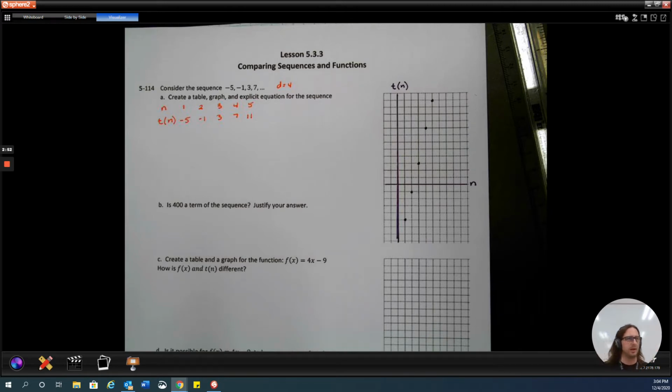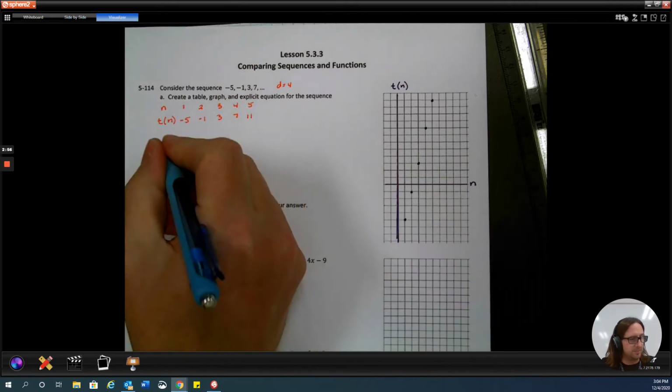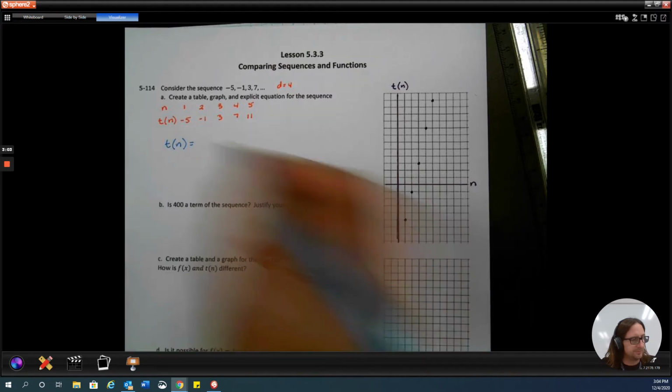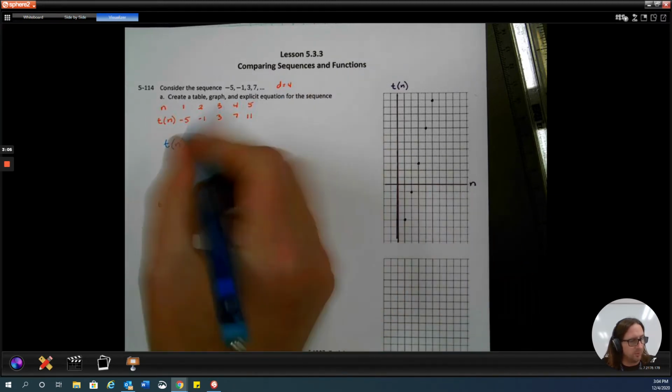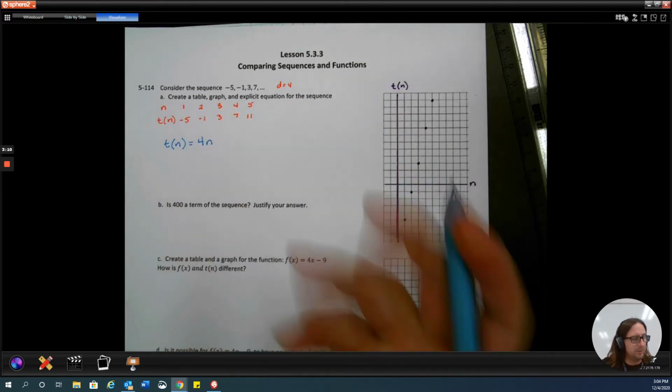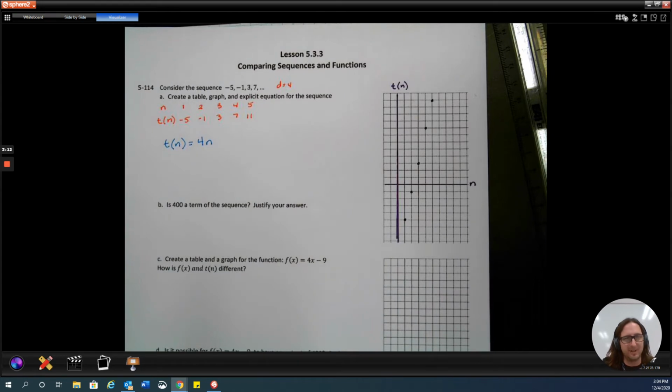Now we need an equation. We want an explicit equation. So the explicit equation is going to be t of n equals, our common difference of 4, times n, and then we have to find out what our 0th term would be.